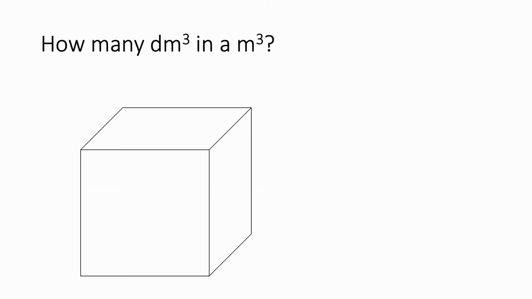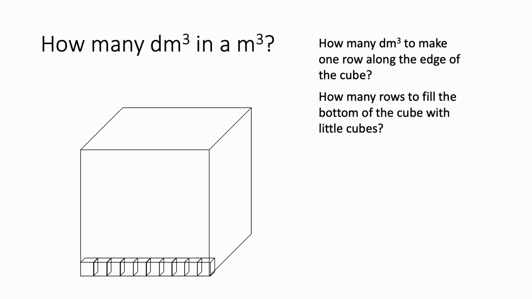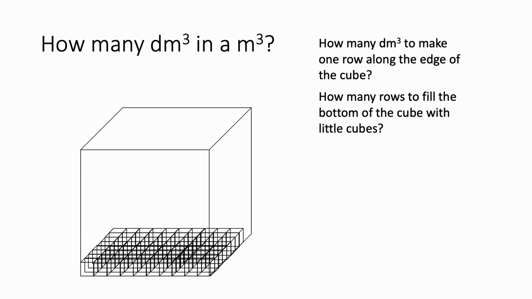We know that there's 10 decimeters in a meter, so as we stack in our little cubes that are each 1 decimeter on a side, what we're going to find is that there will be exactly 10 in one row along the edge of the cube. How many rows of those 10 cubes would it take to fill the bottom of the box? You can just imagine that since the meter cubed is exactly 1 meter wide and each of those rows is 1 decimeter in width, well, you're going to need 10 of them.